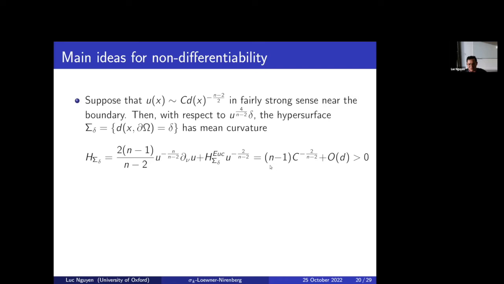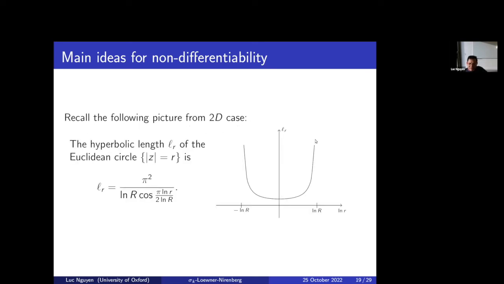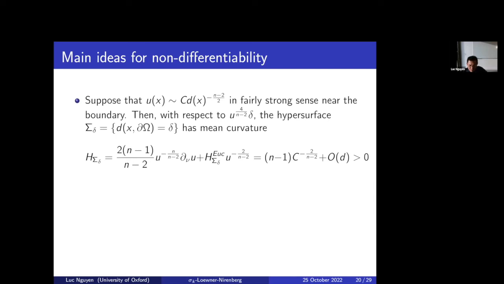At leading order it would be a positive constant, plus a term that is big O of the distance. So in particular, this would be strictly positive. That is consistent with this picture here. As we move inside, the length of the Euclidean circle gets smaller and smaller, so the length of the geodesic circle is decreasing, which means that the mean curvature is positive.